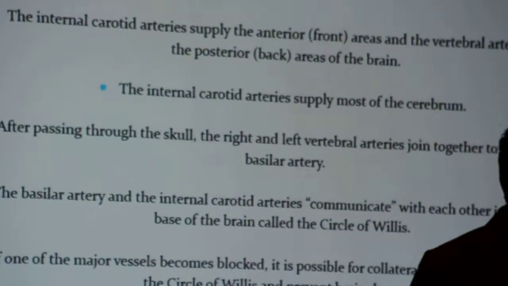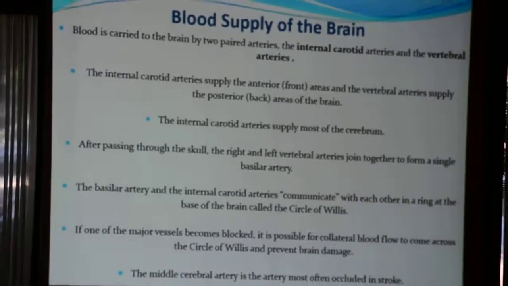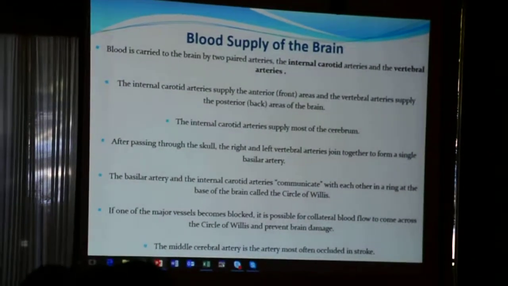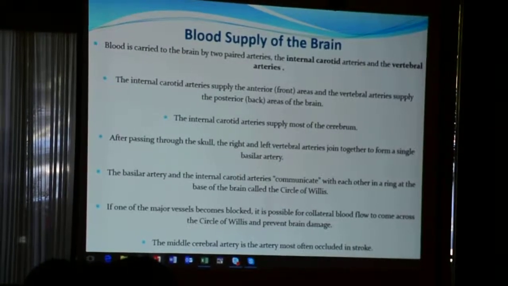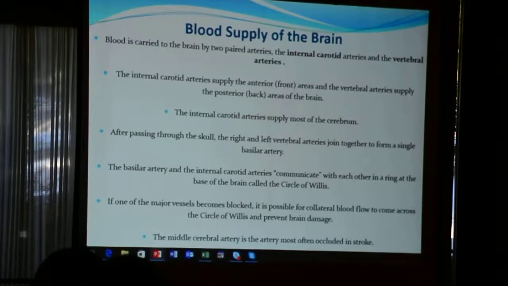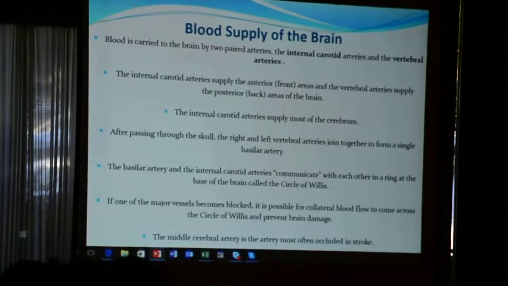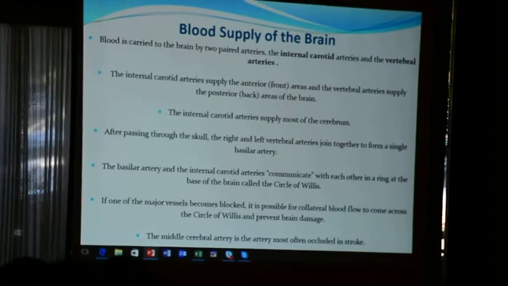I will go very quickly over the blood supply of the brain. The reason I'm talking briefly about the blood supply is that we have different arteries which supply the brain parts, and based on which artery is injured, we will see the characteristics and the symptoms that the patient will have.